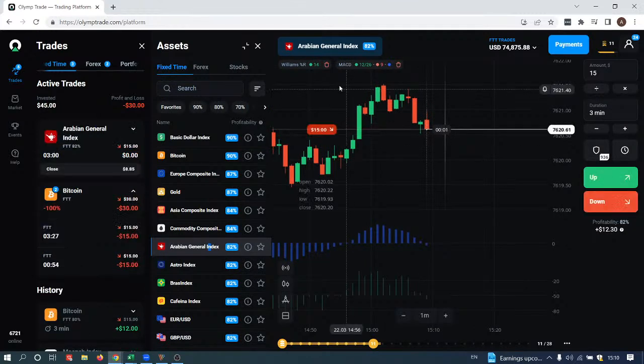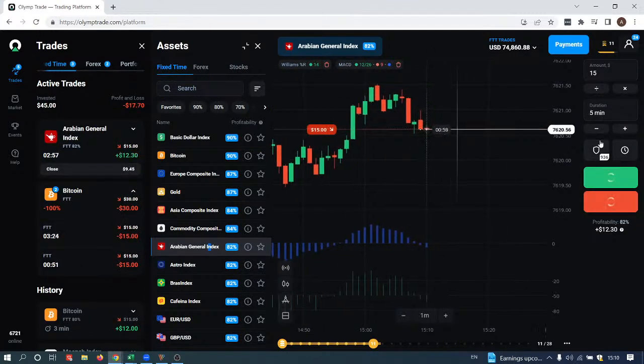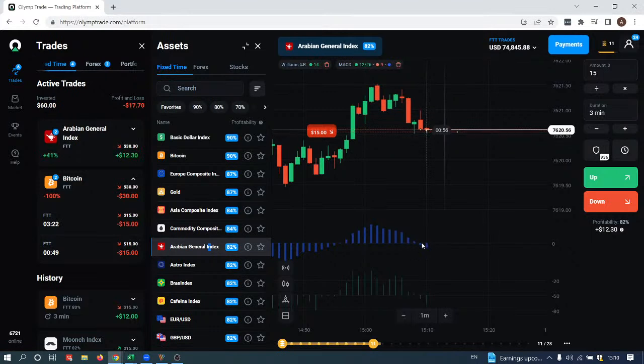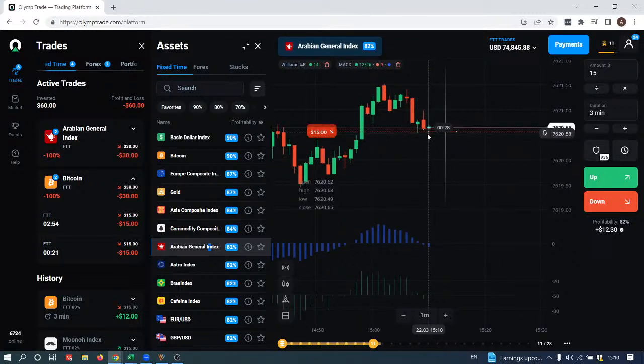With the Arabian General Index, what has just happened is we have crossed the central line, and by crossing it, the chart and the indicators have told me that the sentiment has changed on this chart, and we are about to go down here, and that's why I opened the trade in the downwards direction.